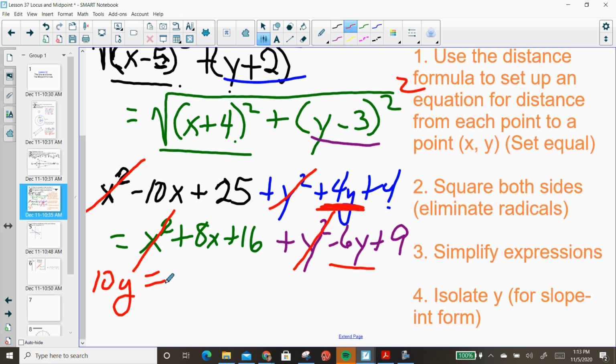Okay, let's get all of the x's over on the right. I had a minus 10x on the left, so it becomes a plus 10x on the right. And I had a plus 8x on the right, so that gives me 18x on the right.